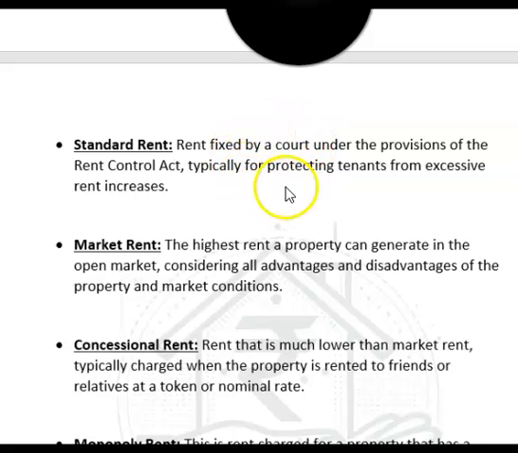Court will fix the rent and house owner will take the rent accordingly. That is called a standard rent. Rent fixed by the court under the provision of the Rent Control Act, typically for protecting tenants from excessive rent increase. We will learn Rent Control Act also.